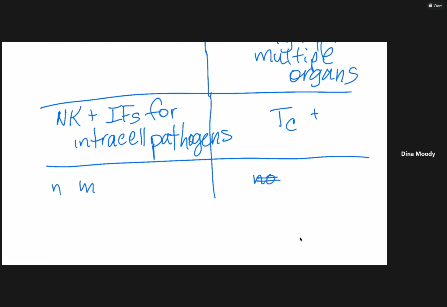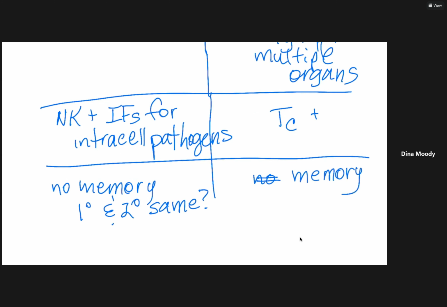There's a lack of learning. I have in parentheses that the lack of learning is now being questioned and disproved. And then on the adaptive, we absolutely have a memory. The first exposure is much weaker, and then an ever increasingly stronger response with each subsequent exposure.